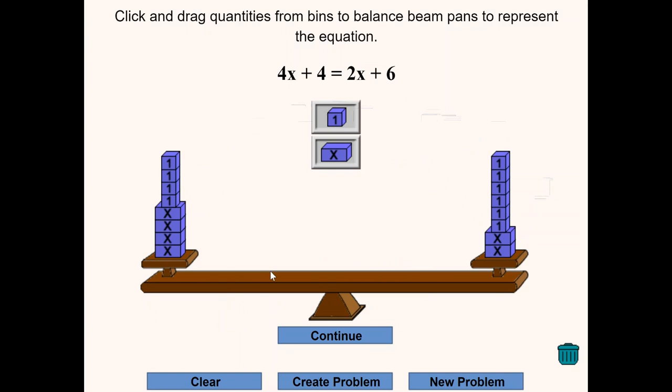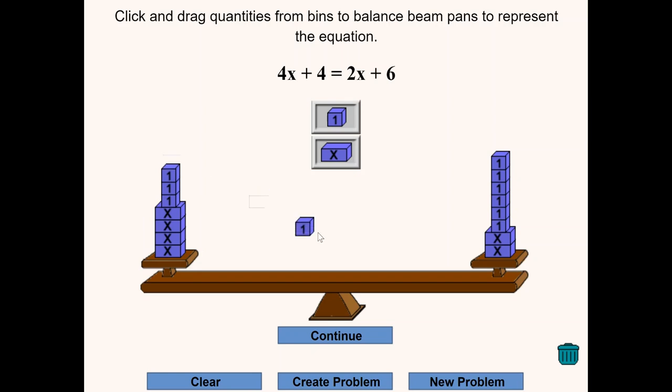So my goal is to have only x on one side and only ones on the other side. So first, on the left side, I see that there are 4 x's and 4 ones. And since there are more x's on the left side than on the right side, I'm going to choose to have only x's on the left side.